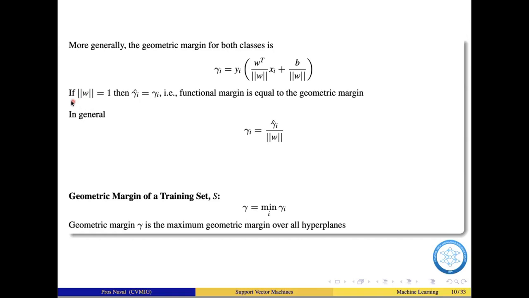Now, if we compare this, this is the geometric margin equation. If we compare this to the equation for the functional margin, what is the difference? So remember this?